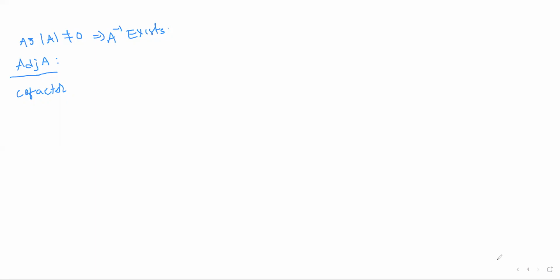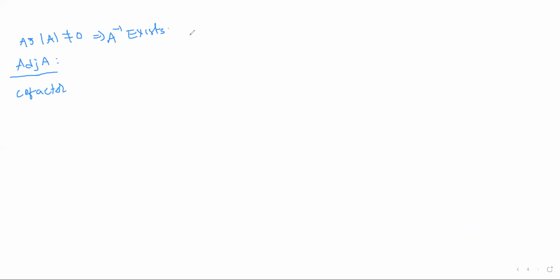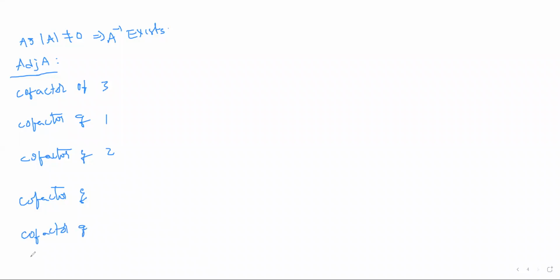కోఫాక్టర్ ఆఫ్ ఫస్ట్ ఎలిమెంట్, కోఫాక్టర్ ఆఫ్ 3 1 2, ఫస్ట్ రో అంతా 3 1 2 కదా. Cofactor of 3, cofactor of 1, cofactor of 2. Next row, second row, totally 9 elements are there, 3 rows 3 columns.